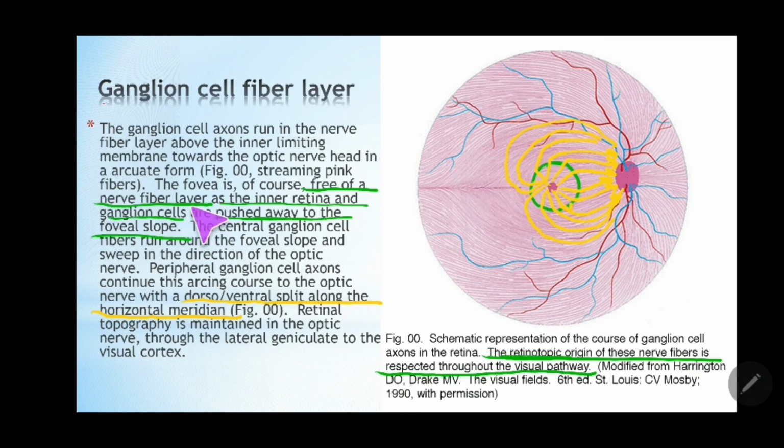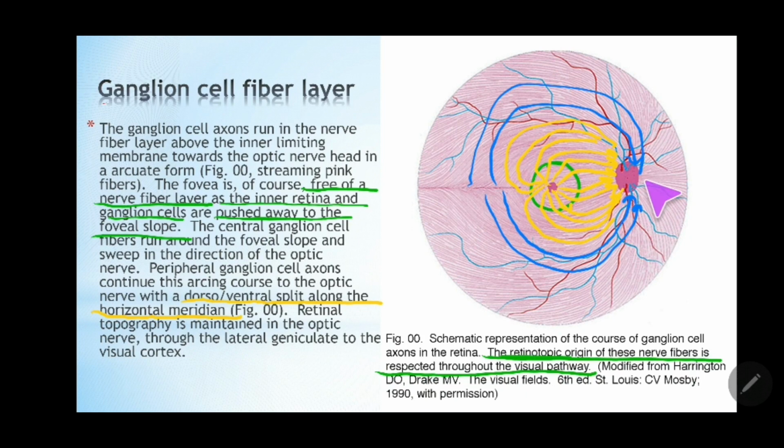I already told you that the peripheral fibers will follow this dorsoventral course. The dorsal fibers will go this side, ventral fibers will reach this way. That's how the fibers will reach towards the periphery of the optic nerve, and even from the nasal side of the retina also. Got it? Okay.